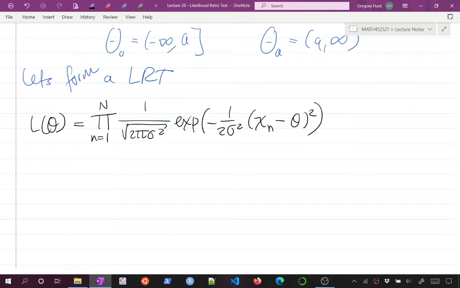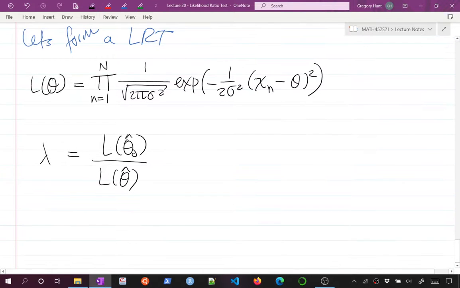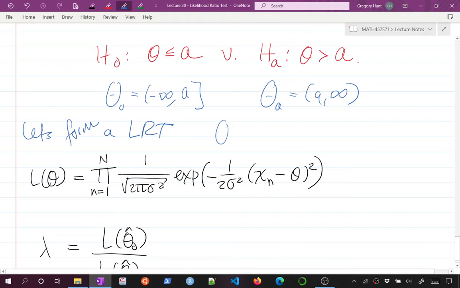And what is the LRT? Lambda is L of theta not hat, the MLE restricted to the null, over the overall MLE, L of theta hat. Our whole parameter space is just the real line, that's the union of those two things.